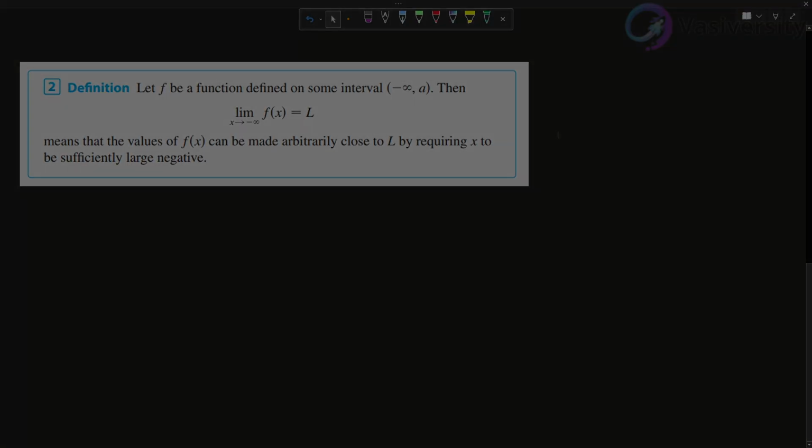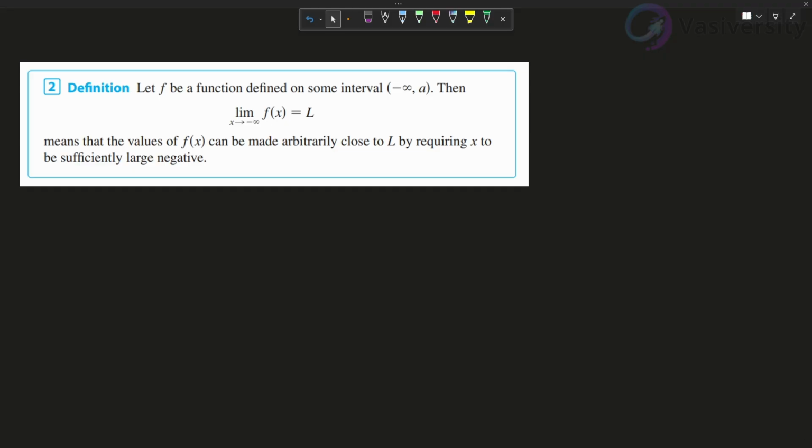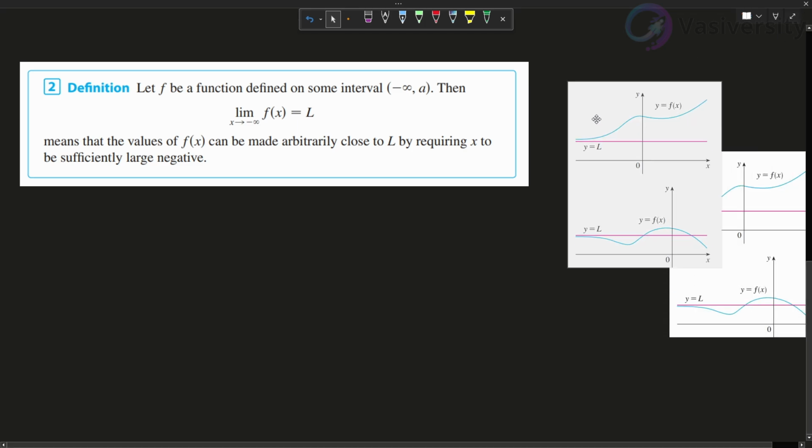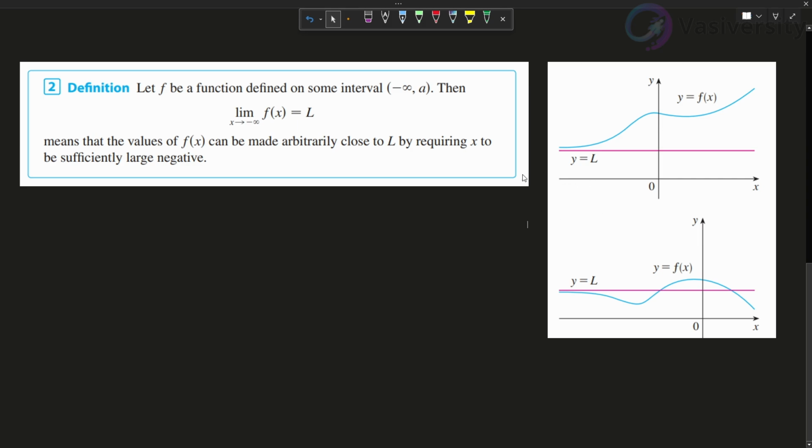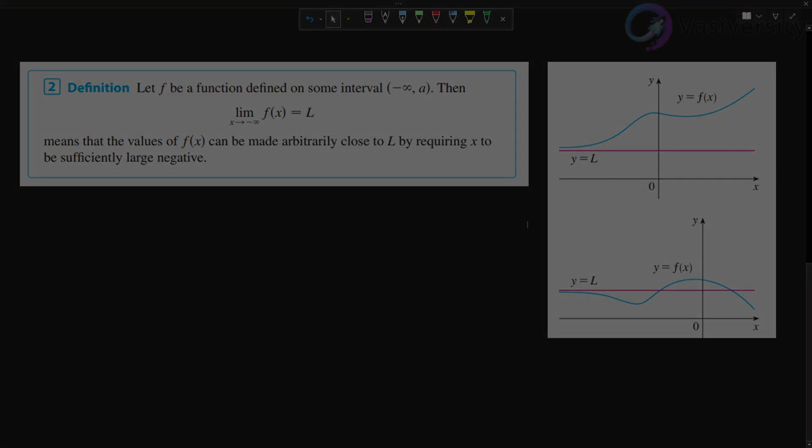So, okay. Now it's essentially the same thing as the previous graphs, but in the opposite direction. So now we are approaching negative infinity, and as we approach it, we're approaching some horizontal asymptote. And so, now let's go ahead and define a horizontal asymptote.